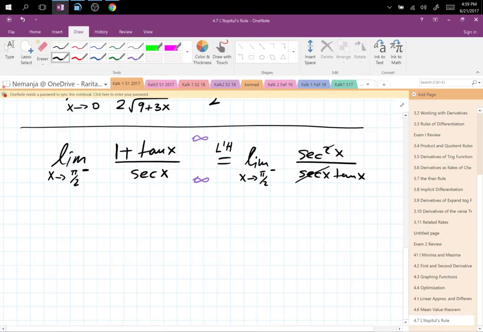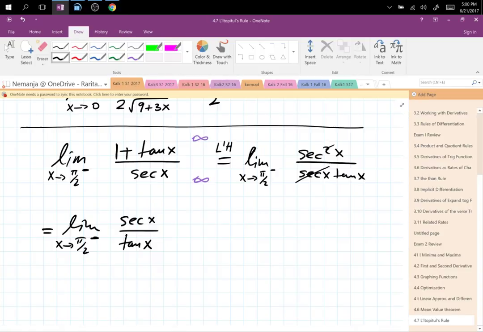And now when you cancel one of the secants, you get secant over tangent. Now you have secant over tangent. If you try to plug in these derivatives, you will still get infinity over infinity, and you're just going to get stuck in an infinite loop because they will always produce the same derivatives. They will always cancel to the same value. So taking the derivative here forever will just alternate secant and tangent forever.